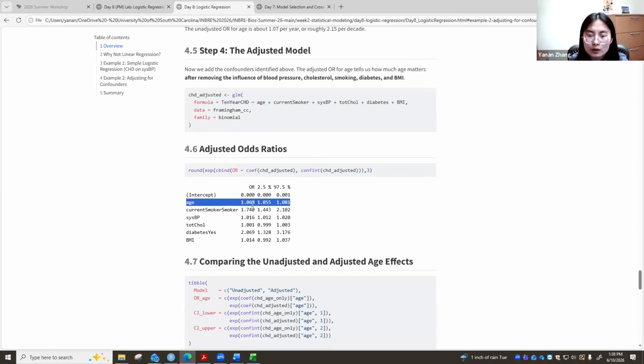The odds ratio is 1.068, and here is the confidence interval, but these are adjusted odds ratios. When we say adjusted, we mean if we keep the smoking status the same, the same level of systolic blood pressure, the same level of total cholesterol, the same diabetes status and the same level of BMI, what happens if we increase age by 1 year? That is what adjusted means.